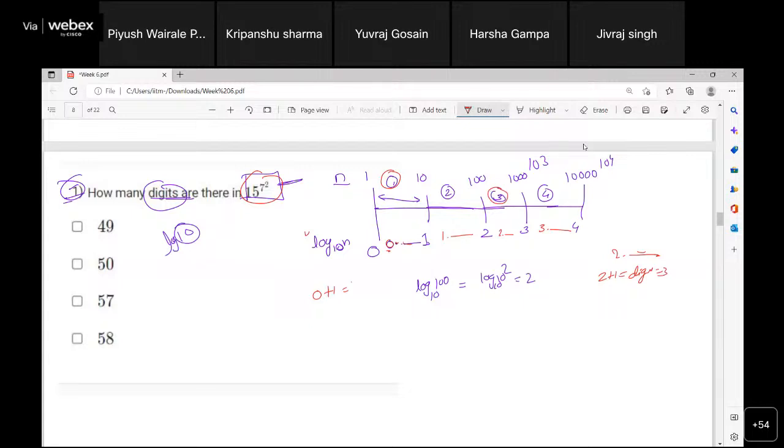For 3 point something, the number of digits will be 4. Similarly, if we apply log base 10 to a number, whatever value we get, add 1 to that, and that will be your answer. That is the number of digits. So this is the concept behind that.